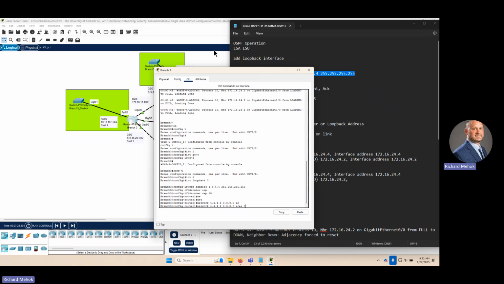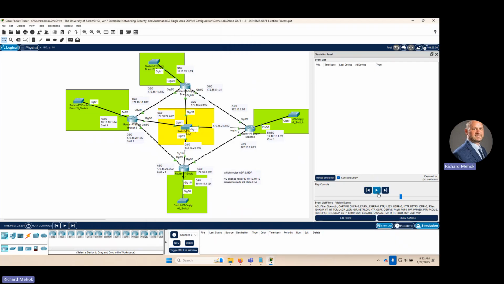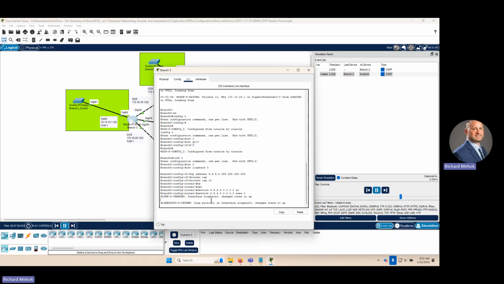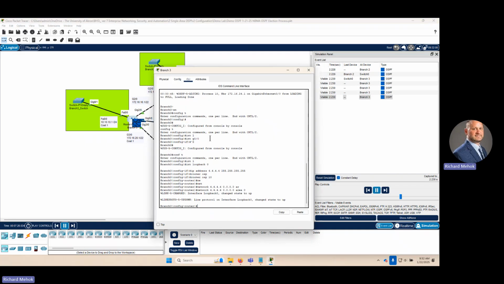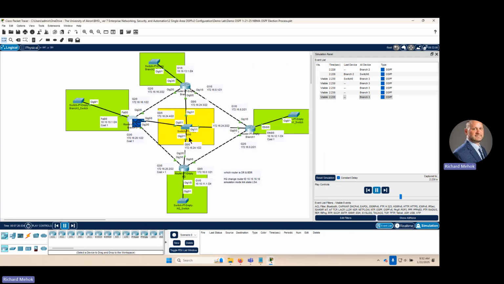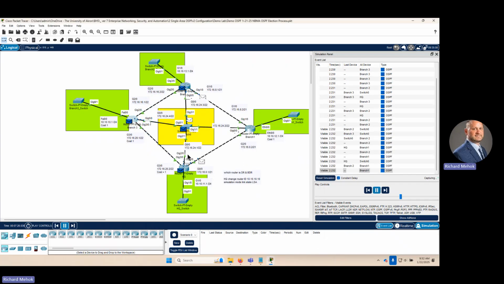Now what I want to do is hit play here and then add this command. And then watch how many LSAs now are going out. Because now we've added a new network and everybody needs to be updated. So these are the LSAs, LSUs, and the acknowledgements going through.